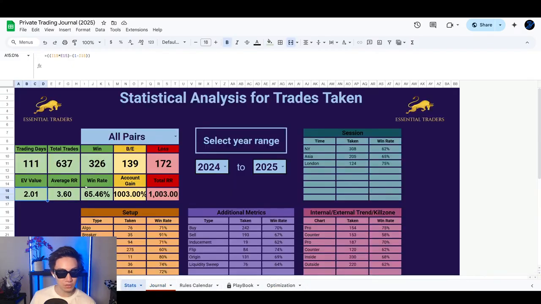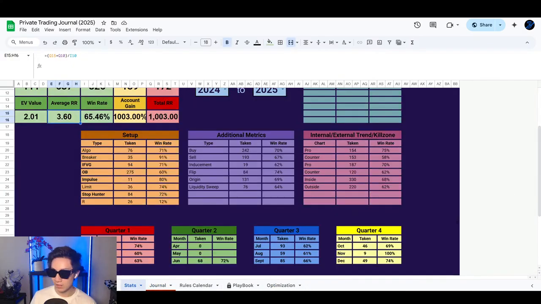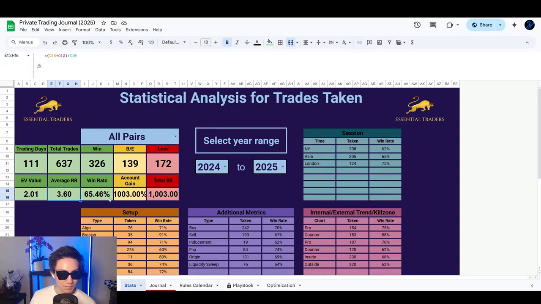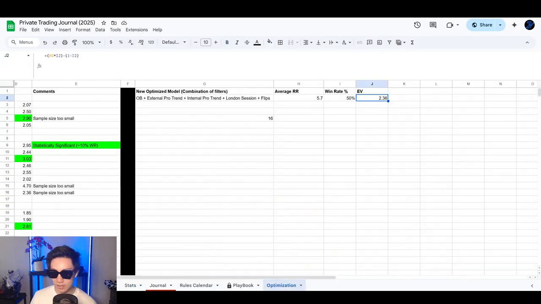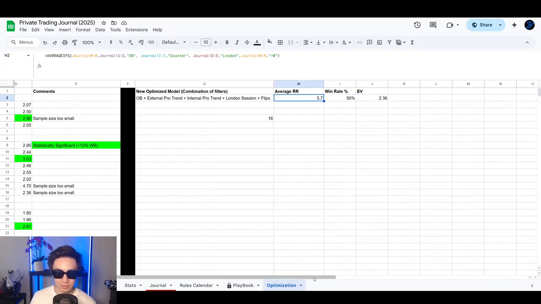My EV as a whole, from trading everything in my setup and my strategy, meaning all PYs, all types of entry models, internal and external trend, my EV is 2.01. So if you do the math here, it's about a 17% increase in performance. So you can see this is more optimized than my current strategy.